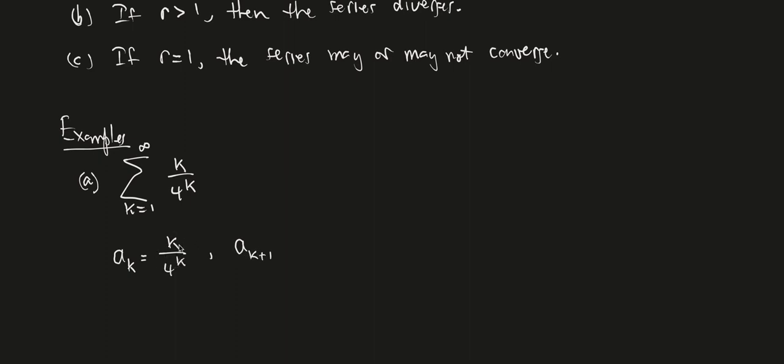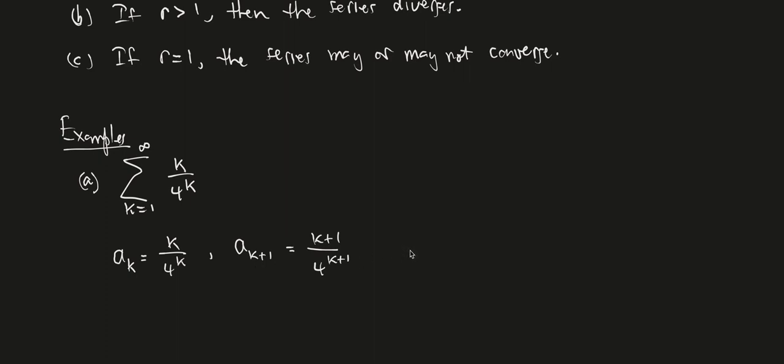Well, this subscript of k plus 1 is just telling us that we would replace all the k's in the general term with k plus 1 to get the general but successive term. So the term that would come after this one would be k plus 1, basically the next integer there, divided by 4 to the k plus 1, again the next integer there. All right, so we have these.